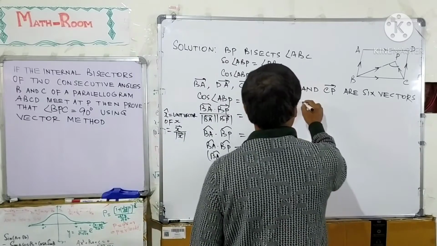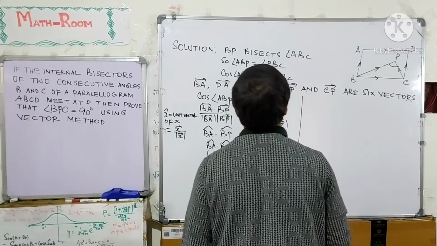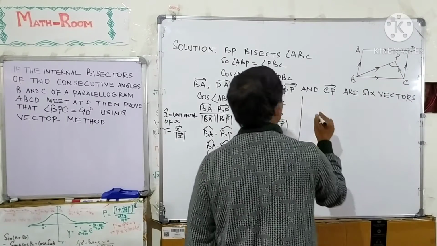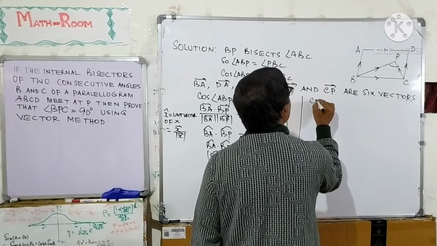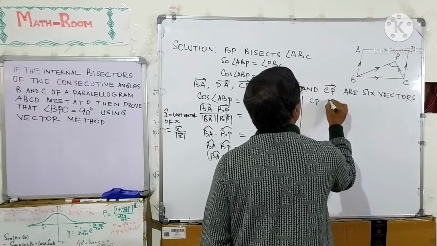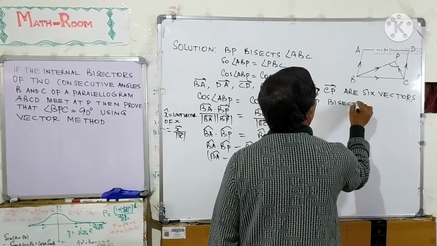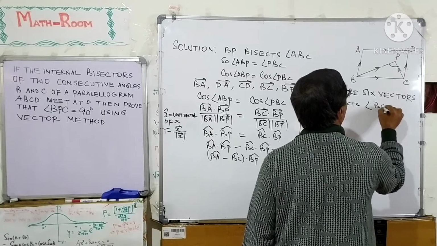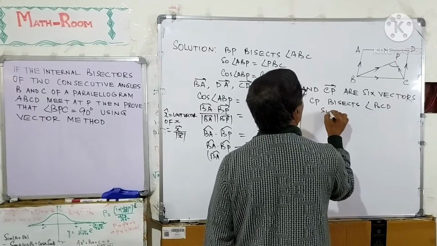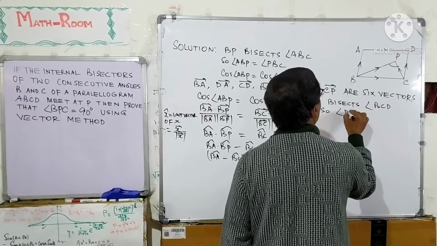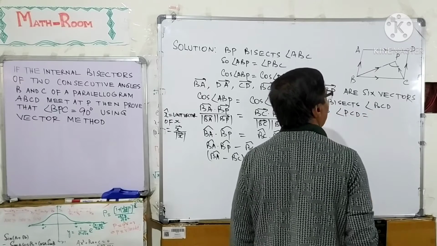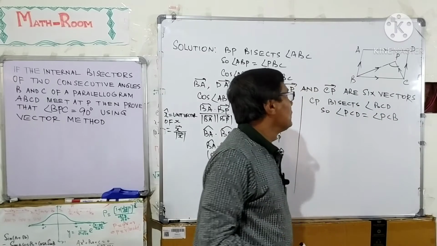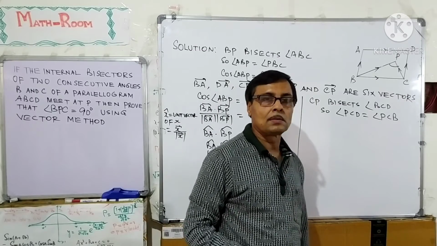We can also write that the line segment CP also bisects the angle BCD. So angle PCD equals angle PCB, because CP is the bisector of the angle BCD.